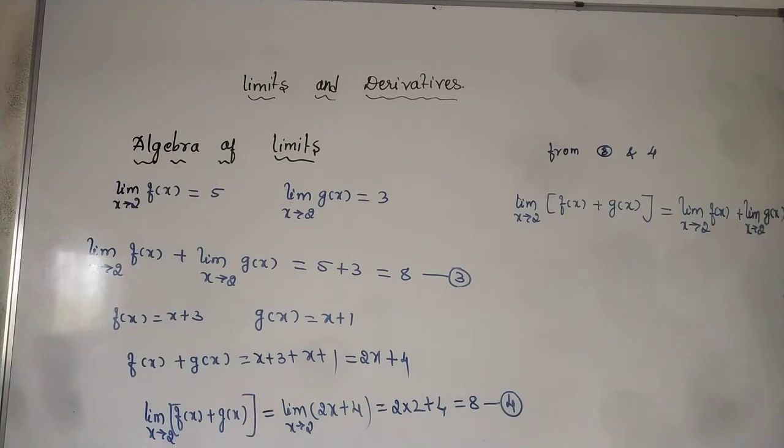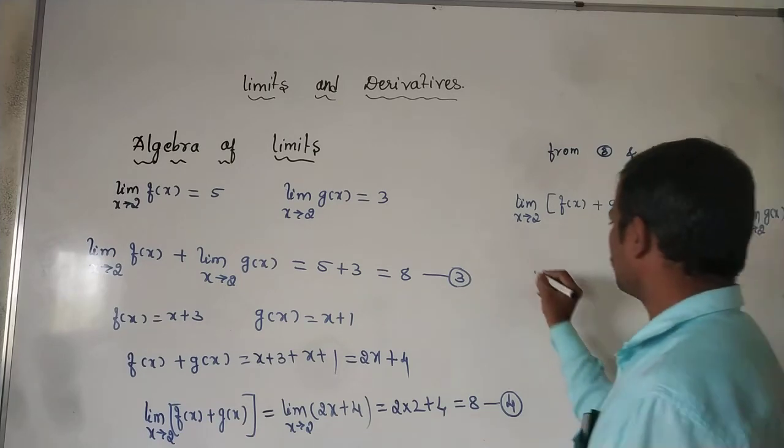So these two are equal. From here we conclude that the limit of the sum of two functions is equal to the sum of their limits. Let us generalize this.